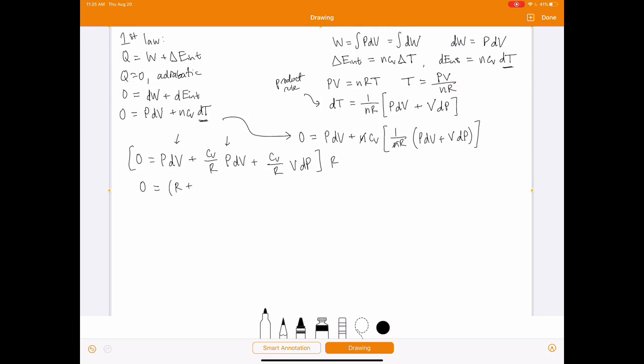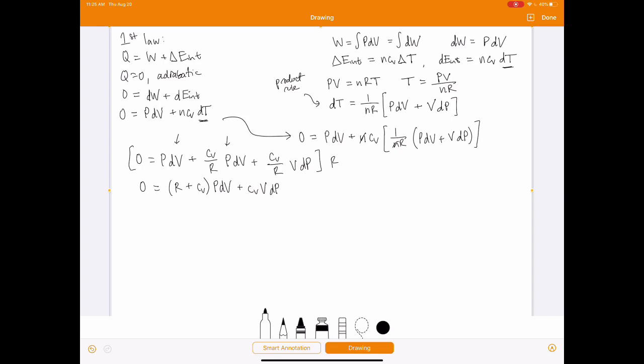The second term is going to have a factor of CV, because we canceled out the R on the bottom, and that multiplies P dV. We also have a single term that has V times dP, and the constant out front will be CV because, again, we canceled out the R on the bottom.